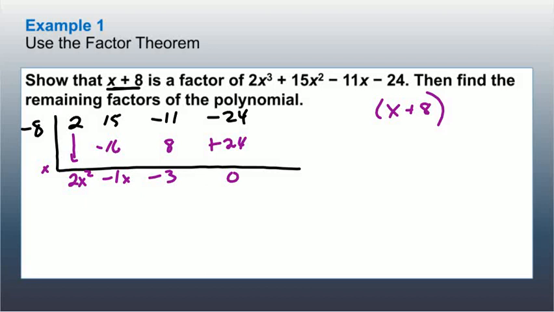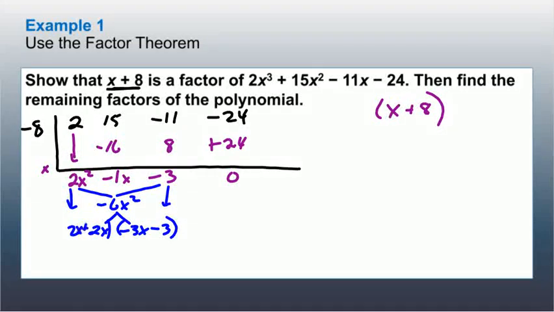So now if I factor this, this would give us negative 6x squared. Now I think, what do I multiply to get negative 6, but add them together gives me negative 1? That would be a positive 2x and a negative 3x. If I bring the sides down, I can factor out 2x, that leaves me with x plus 1.